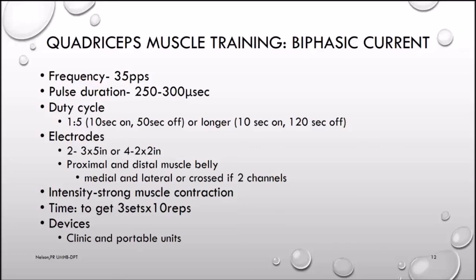My pulse duration is between 250 and 300 microseconds. Same duty cycle, same electrode setups, same intensity, same amount of time. I have clinic devices that will do this, but there are also some portable units that can allow this to be a home program for patients.